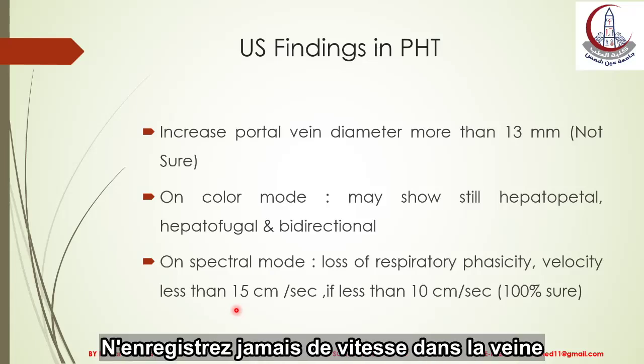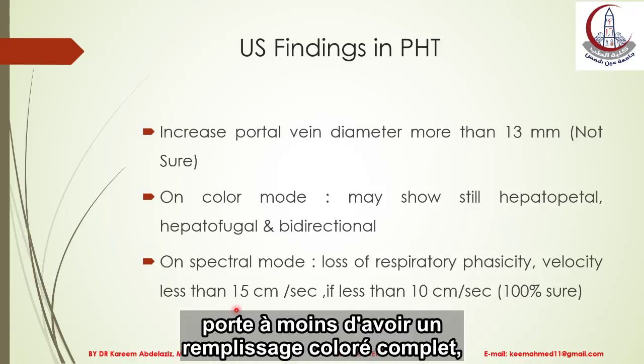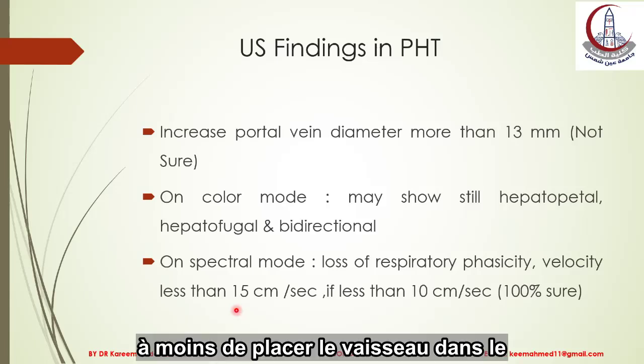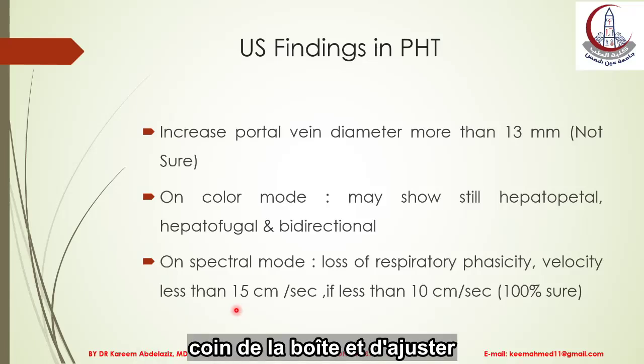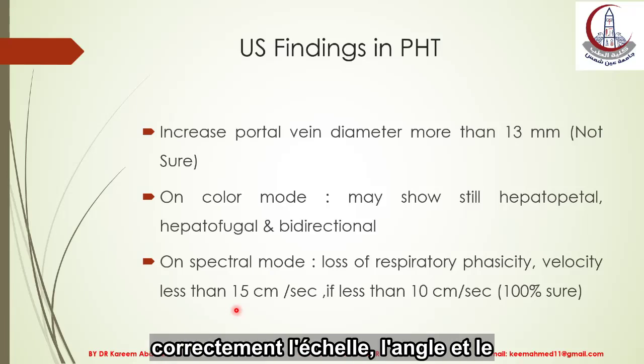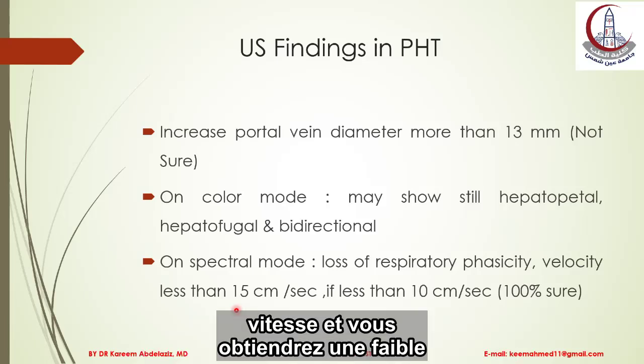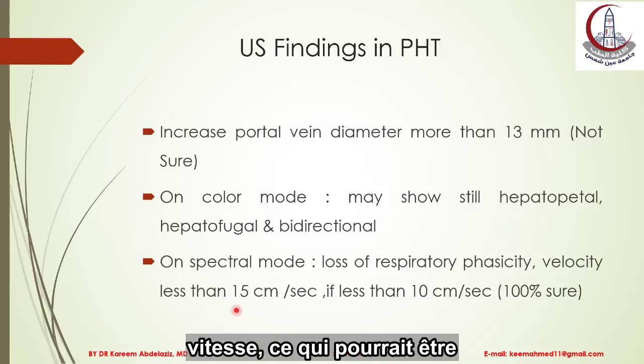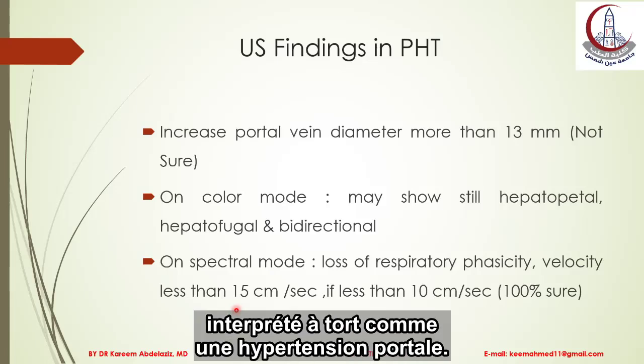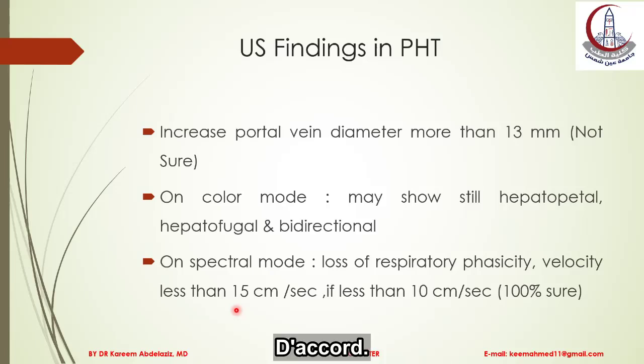Please do not ever record any velocity in the portal vein unless you have complete color filling, unless you put the vessel in the corner of the box and adjust your scale, angle and vector correctly in order to get the most accurate assessment. Otherwise, you will always underestimate the velocity and you will get a low velocity and you may misinterpret this as portal hypertension. Okay?